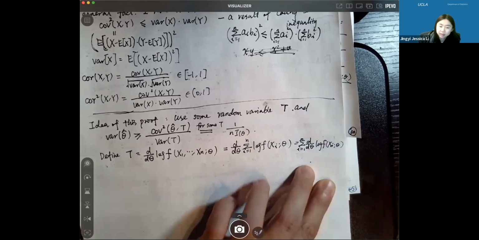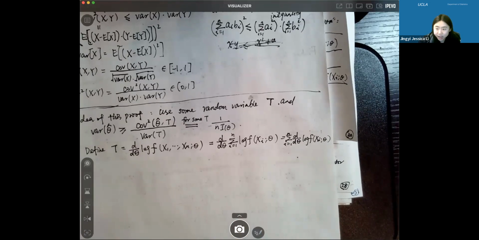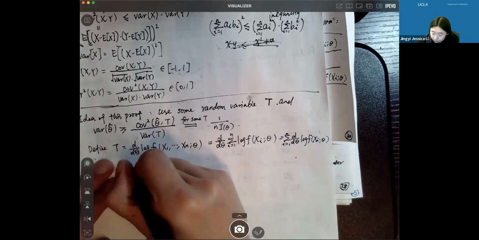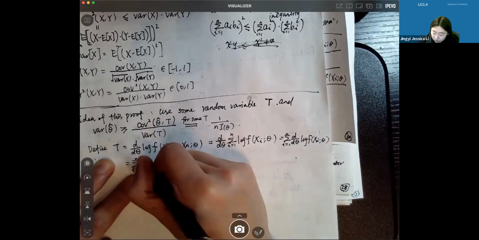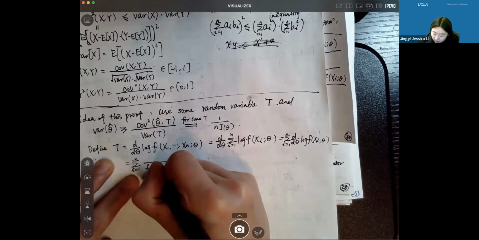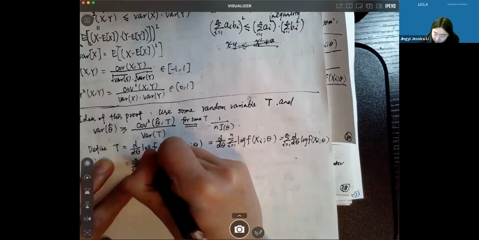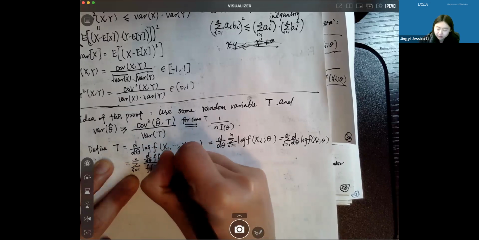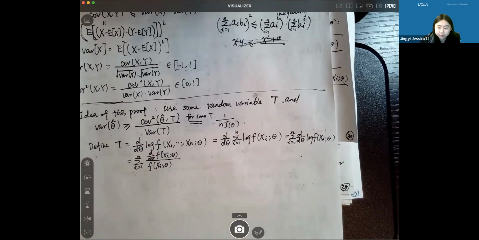Okay, that's it. And one more step, chain rule, right? To simplify this differentiation of a log density, which is just the chain rule we did, the derivative of f(xi; theta) over f(xi; theta). Okay, this is the random variable t we constructed.